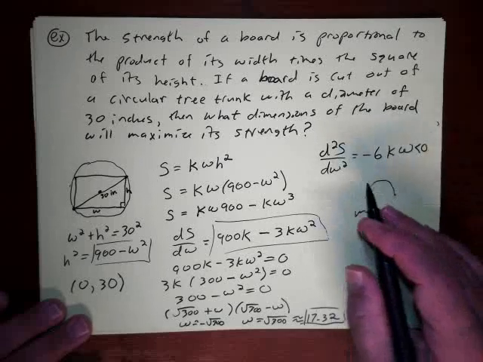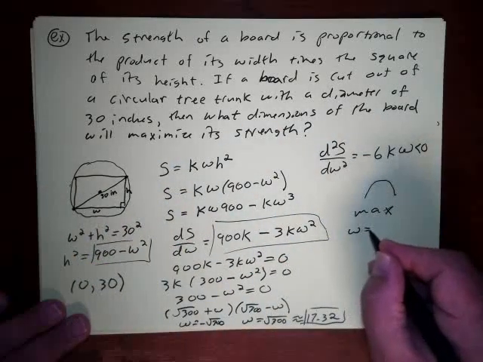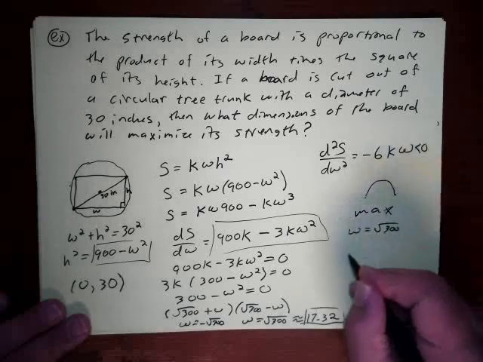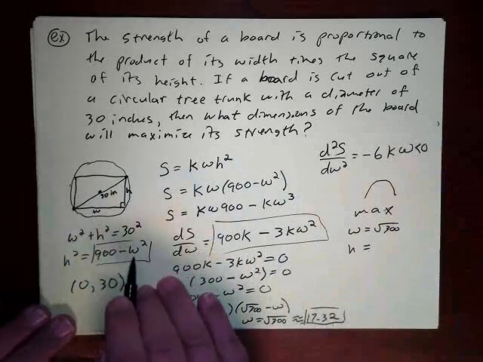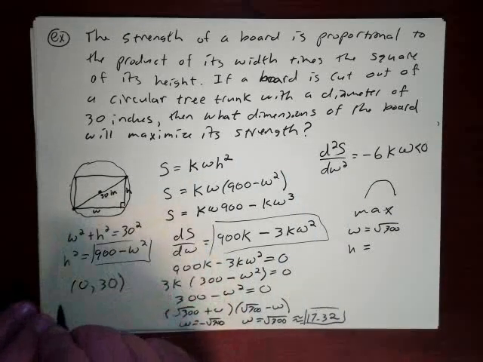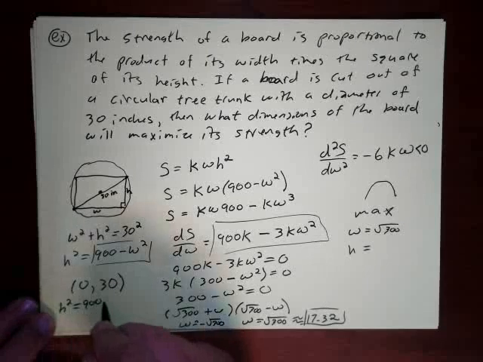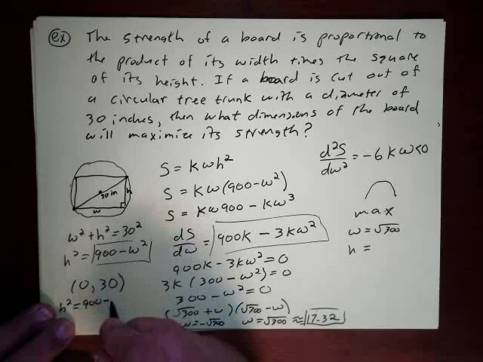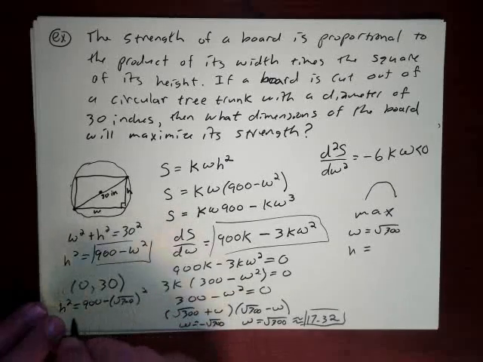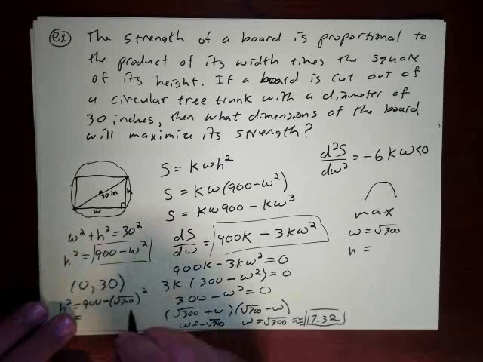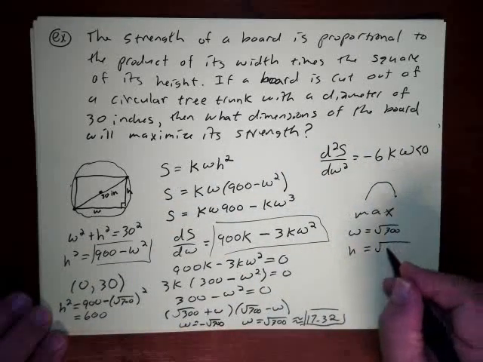So what dimensions are going to give us a maximum? Well, W equals the square root of 300, and for H, I need to put the square root of 300 into here, right? So H squared is equal to 900 minus the square root of 300 squared. This would be 900 minus 300, and so this would be 600. I would get H is the square root of 600.